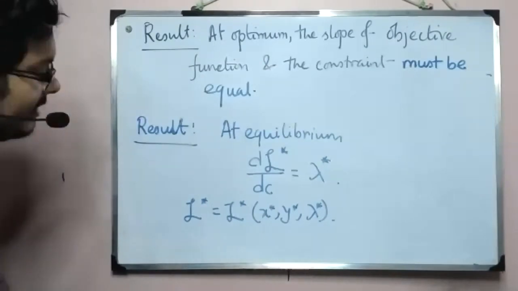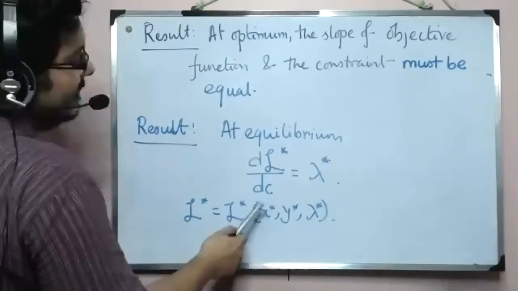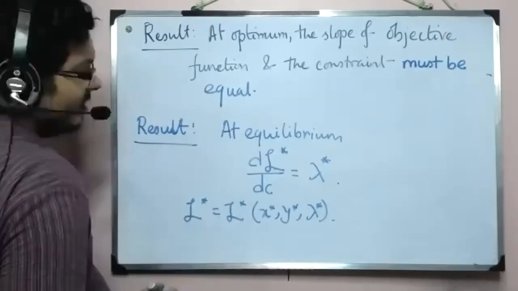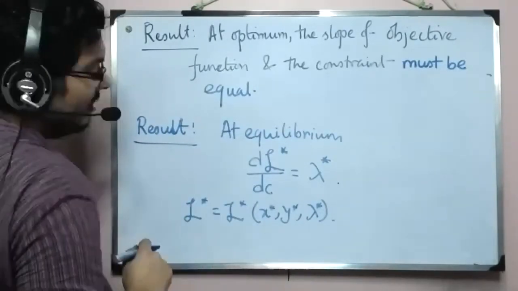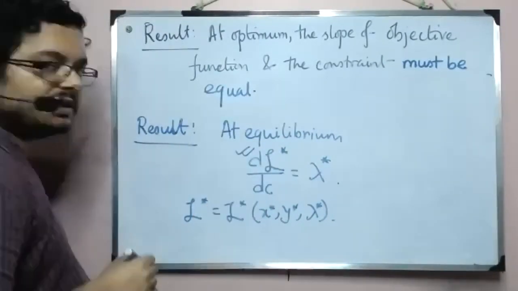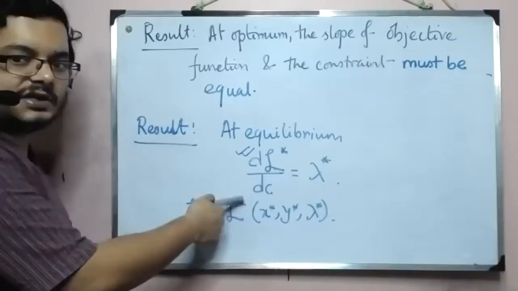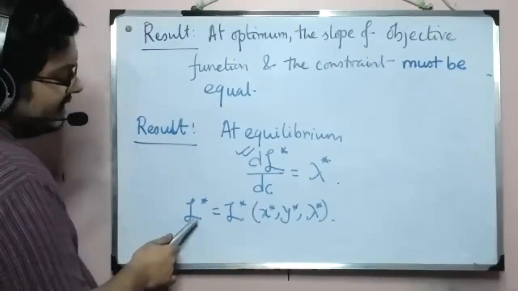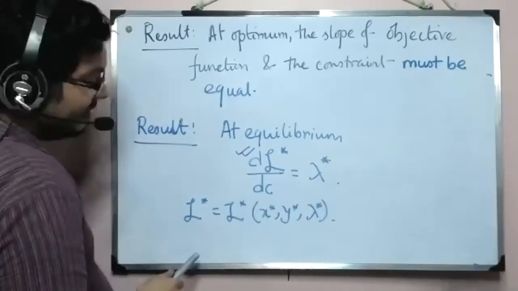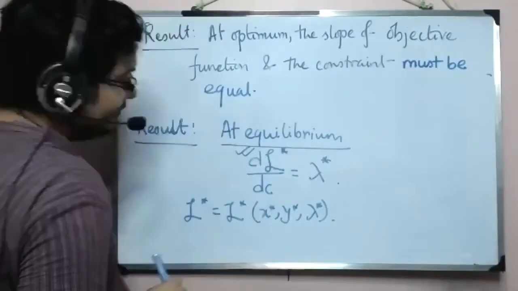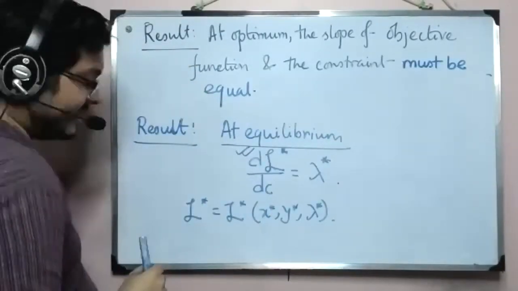And how am I able to differentiate this with respect to C? Many things are of consideration here. First, I do not see partial differentiation here. This is total differentiation, right? So that means this lambda star doesn't have any other variable argument apart from C, at equilibrium. That's the first thing, and it's very important.